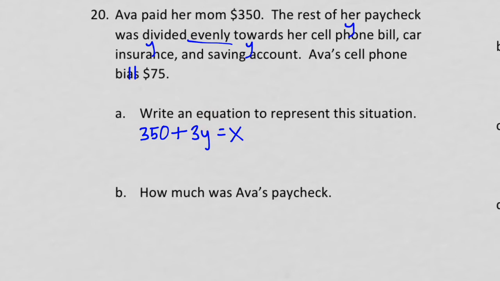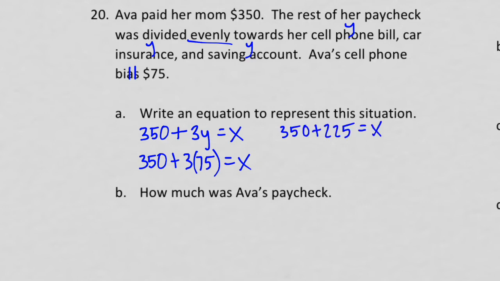So it's going to be 350 plus 3 times 75. 3 times 75 is 225. So it's 350 plus 225 equals X. The grand total then at that point is going to be 575.